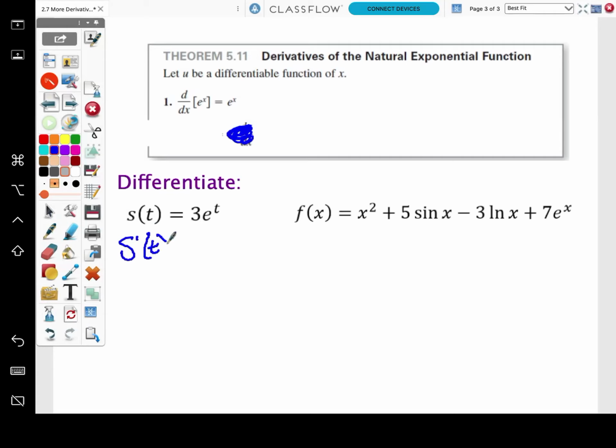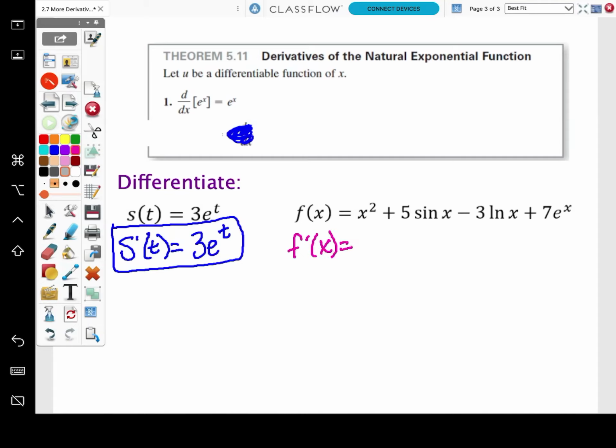Differentiate 3e to the t. Again, all rules still apply. So s prime of t, constant times derivative, which is itself, so 3e to the t. Weird.